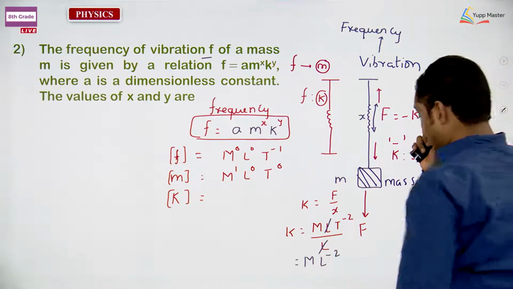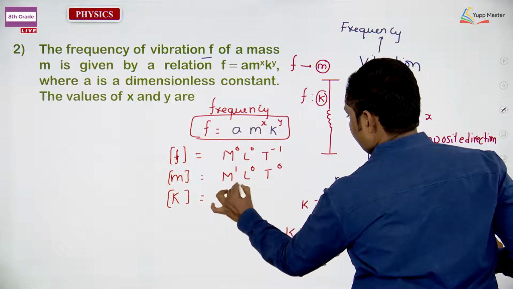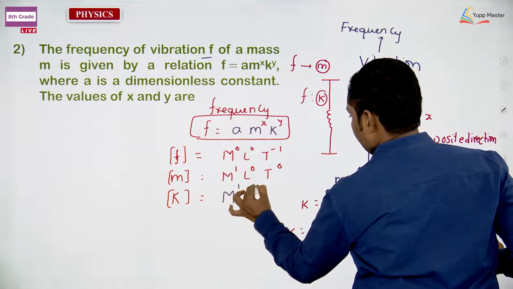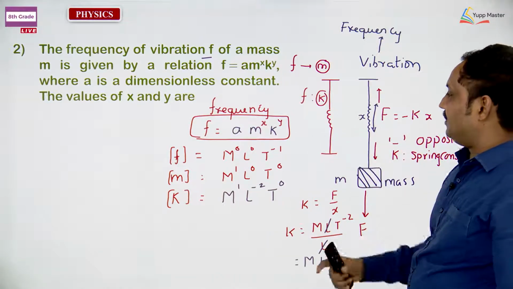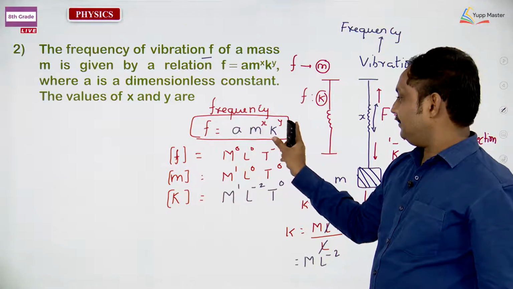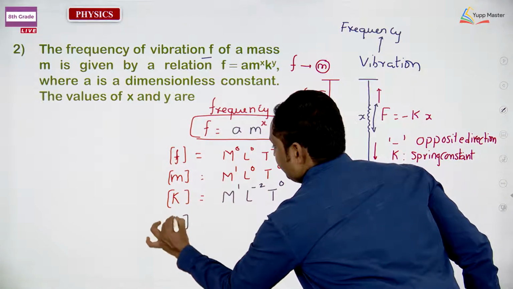Now we write k is equal to m power 1, L power 0, t power minus 2. We have written f, m, k, and for a, the constant, it can be written as all power 0.